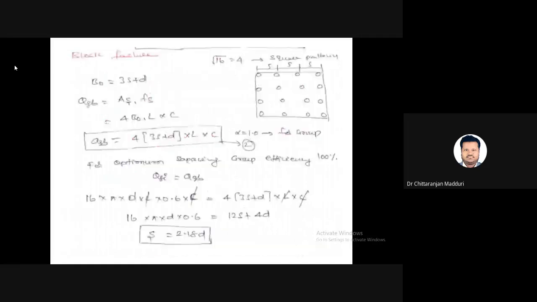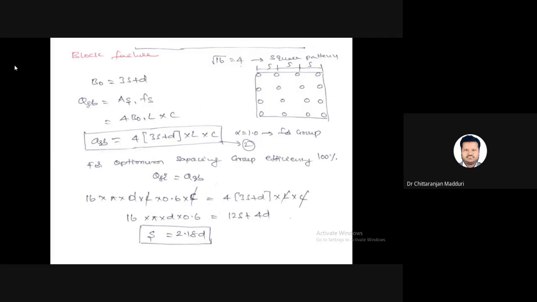The second one is block failure. It is 16 piles. The square root of 16 is equal to 4. Hence we can arrange them in a square pattern like 4 by 4, 4 into 4 equal to 16. So B naught is equal to 3S plus D. So group capacity by considering block failure is equal to As into fs because the first term is neglected.